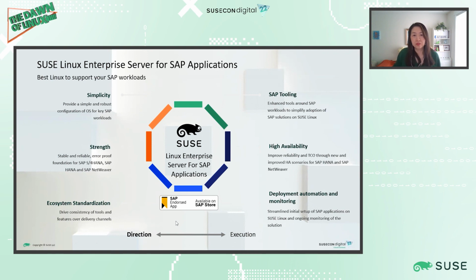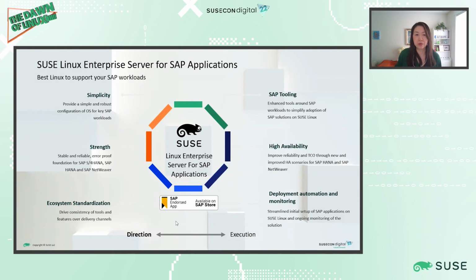So from the SUSE side, all the solutions that we have been mentioning in this presentation, from high availability to the Project Trento, are all part of SLES for SAP applications. It simplifies and strengthens the SAP deployment with robust solutions, some co-developed with Azure.